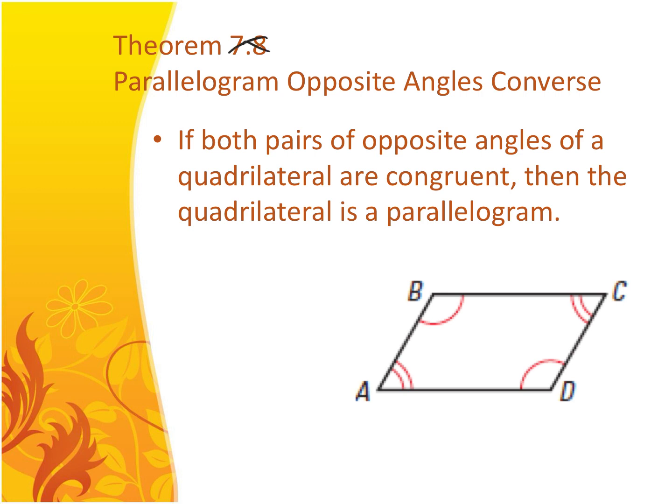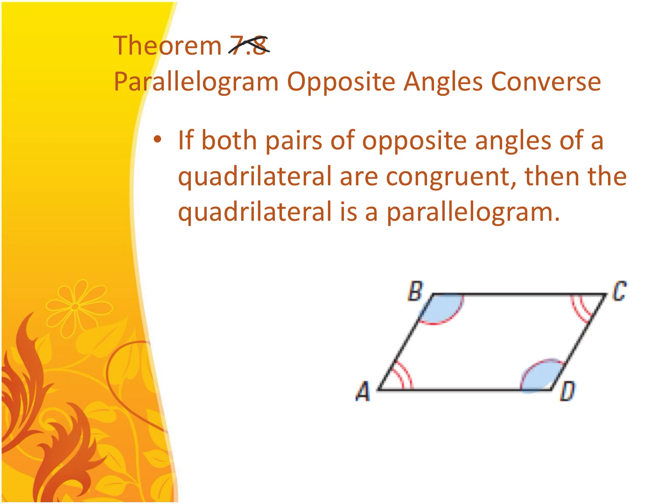This one is the converse of the parallelogram opposite angles theorem. So if both pairs of opposite angles of a quadrilateral are congruent, then the quadrilateral is a parallelogram. This is our second way to prove that a quadrilateral is a parallelogram. So specifically in this picture, and again, yesterday, remember, these were color-coded.